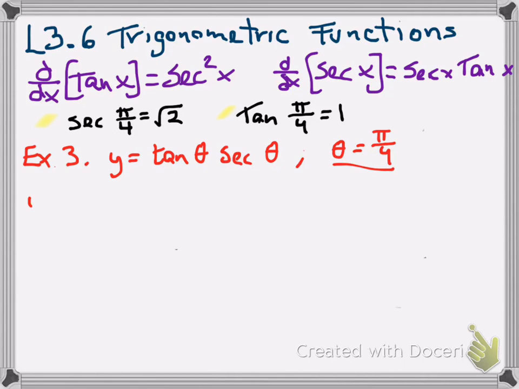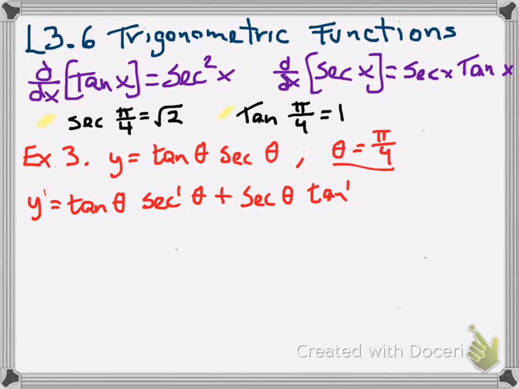So let's start by finding the derivative, y prime. We have a product, so it's going to be the first one, tangent of theta, times the derivative of the second one, secant prime of theta, plus the second one, secant of theta, times the derivative of the first one, tangent prime of theta. I added for you the two derivatives here, so we can use them.